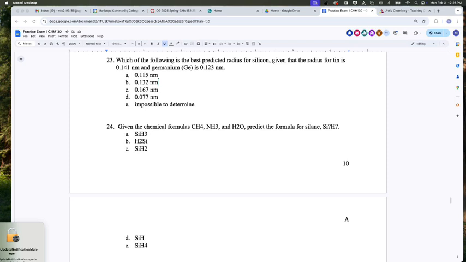Smaller radius than the germanium. So it should be less than 0.123. How much less than? What's the data set that we have at hand? How much did this go down?